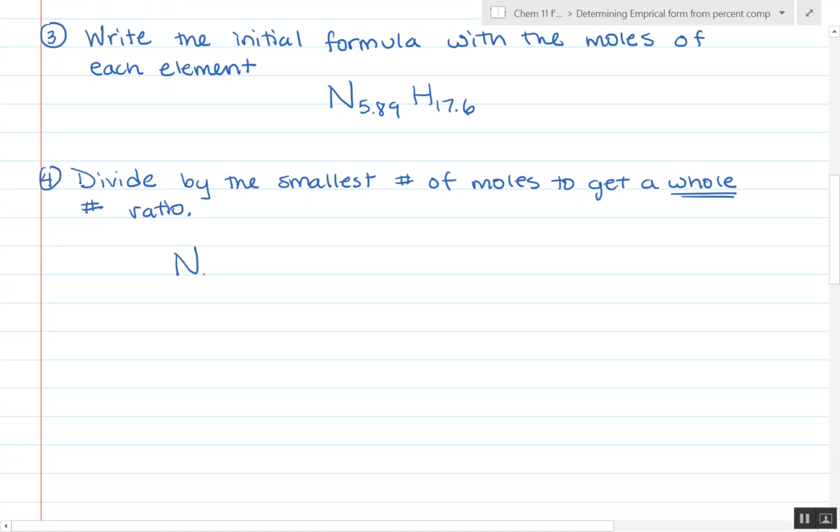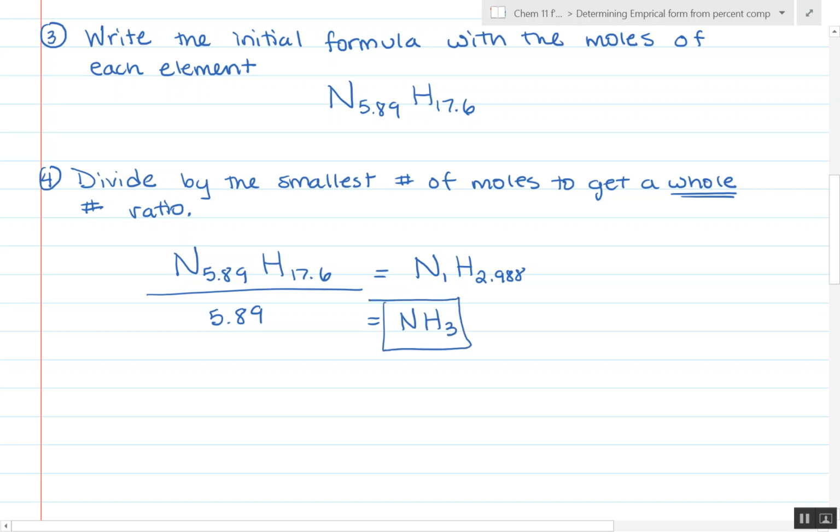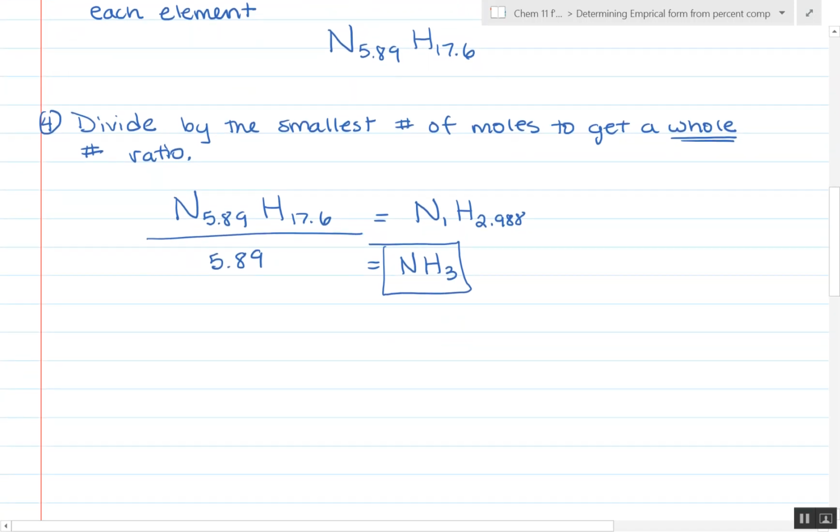So we have N 5.89, so rewrite our formula here. We're going to divide that by our lowest number, which is 5.89, and we end up getting N1 and H 2.988. Okay? So 2.988 is close enough to 3 that we can round to the nearest whole number, and that's NH3. Okay, that's our final answer for that question.